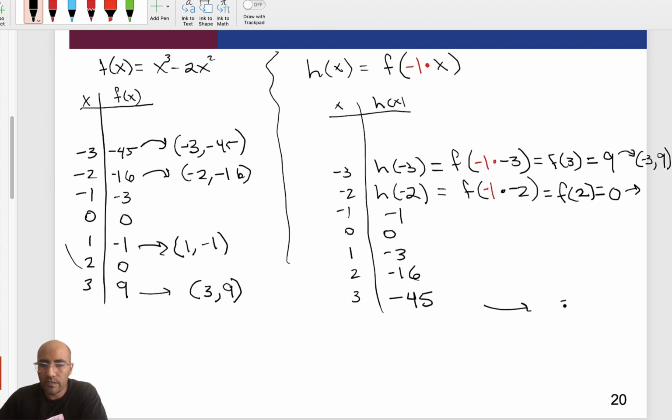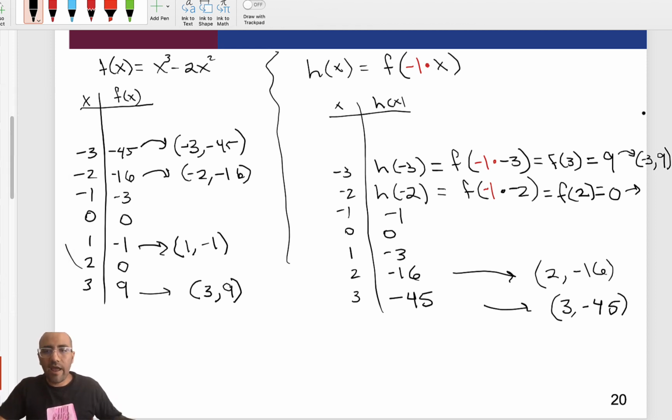So then 3 maps to -45, where we used to have -3 maps to -45, now we have +3 maps to -45. And then 2 maps to -16, where we used to have -2 maps to -16, now it's +2 maps to -16. Okay, so let's see how this pattern affects our graph.